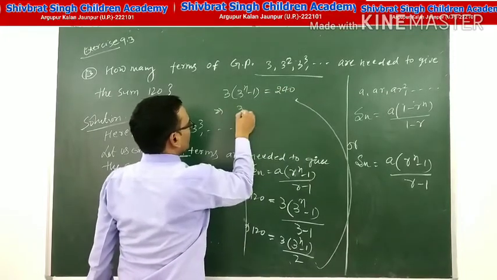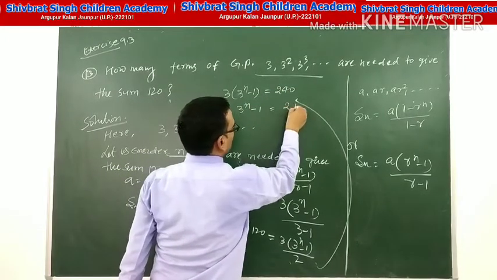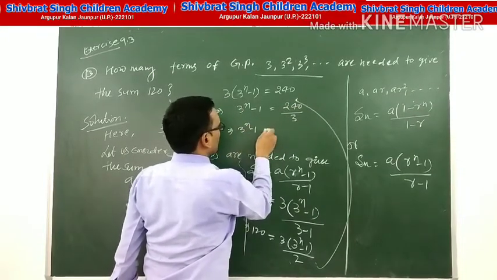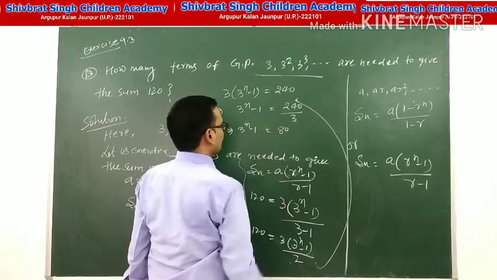This implies that 3 to the power n minus 1 equals 240 upon 3, which is 80.